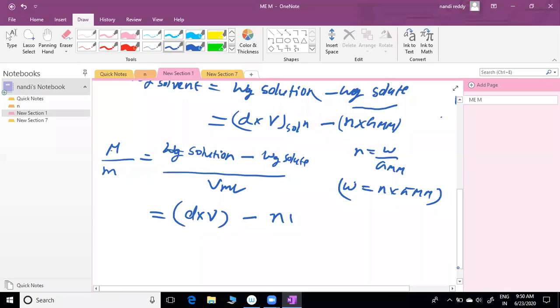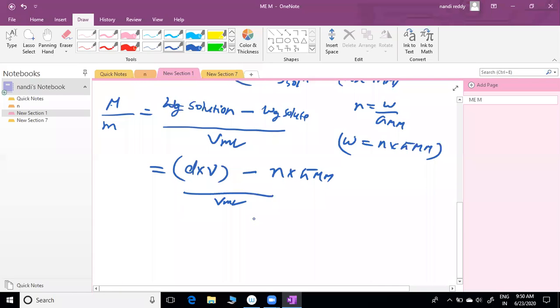Now this is capital M by small m. I am dividing both sides. Otherwise you can write small m from this.